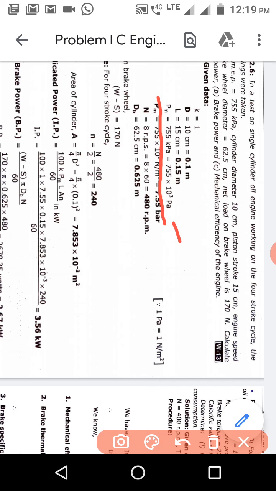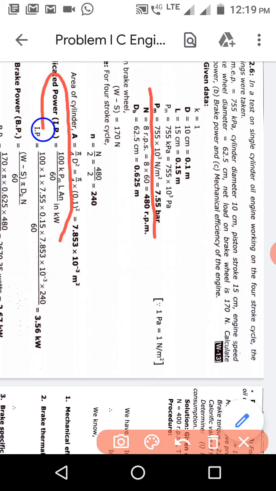After simplifying this, we converted 755 kilopascal into 7.55 bar, as we are using the formula of indicated power for when the mean effective pressure is in bar.